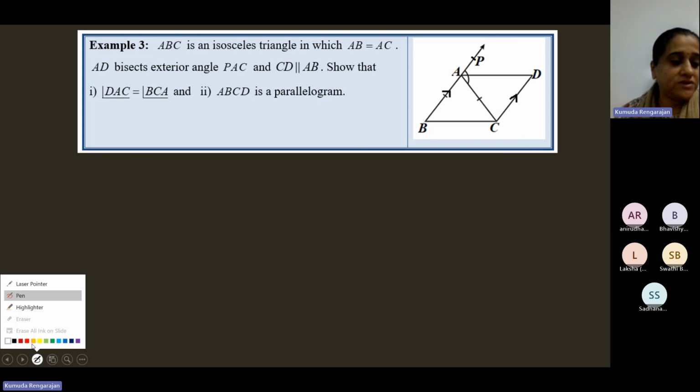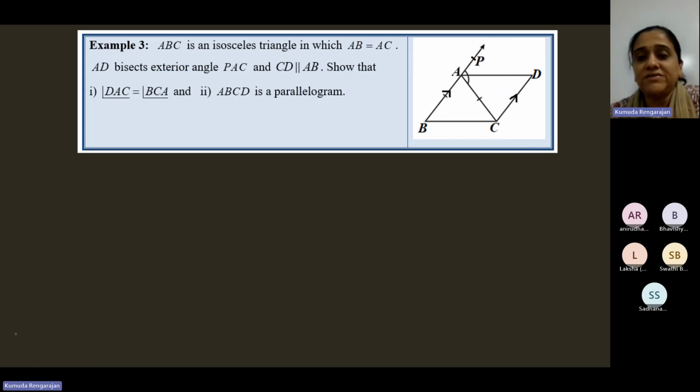All right. So in this figure, ABC is an isosceles triangle. AD, this one, bisects this angle. This side is equal to this side. ABC is isosceles, which means this angle is equal to this angle. Correct? Isosceles triangle property.